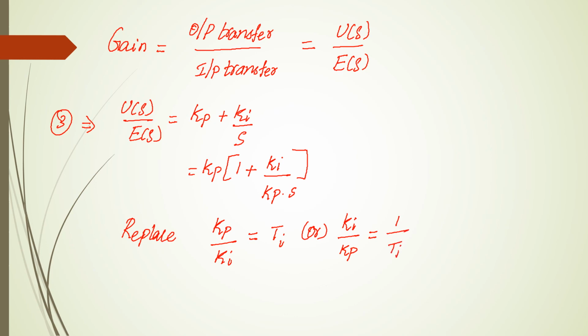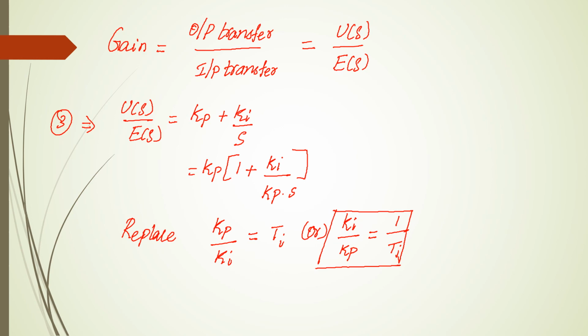Don't get confused. Either you write Kp by Ki is equal to Ti, or when you invert it, the inverse is your answer. So Ki divided by Kp is equal to 1 by Ti. You may follow this to avoid confusion. So what happens when you replace Ki by Kp with 1 by Ti?